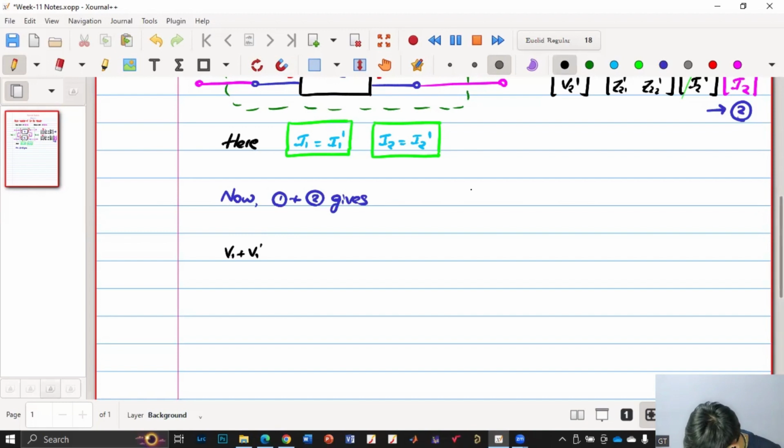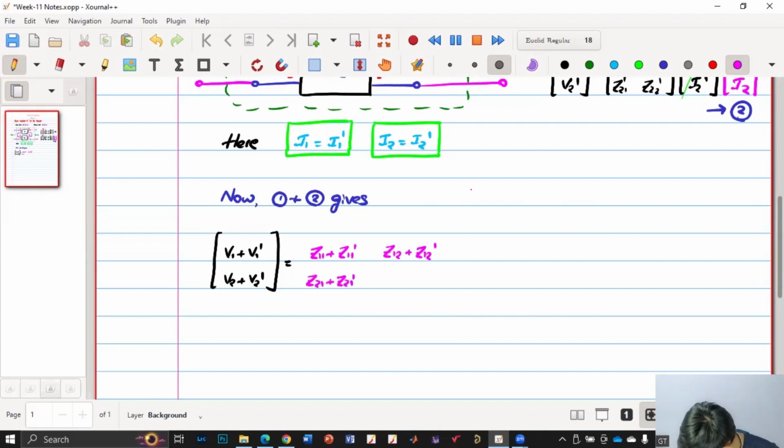V1 plus V1 dash, V2 plus V2 dash is equal to, now we have this Z parameter, Z11 plus Z11 dash, Z12 plus Z12 dash, Z21 plus Z21 dash, Z22 plus Z22 dash into we have currents over here, right? I1, I2.